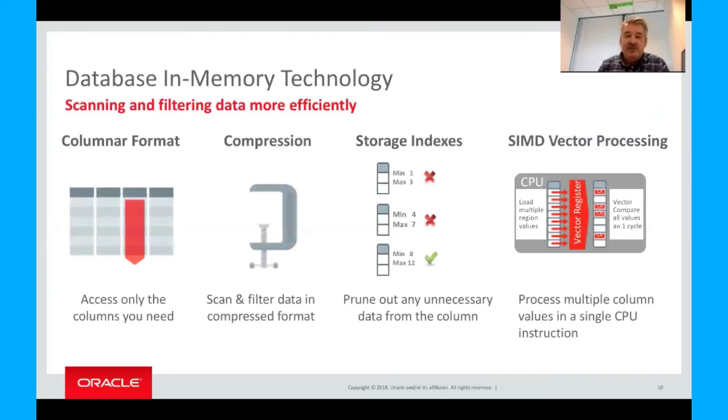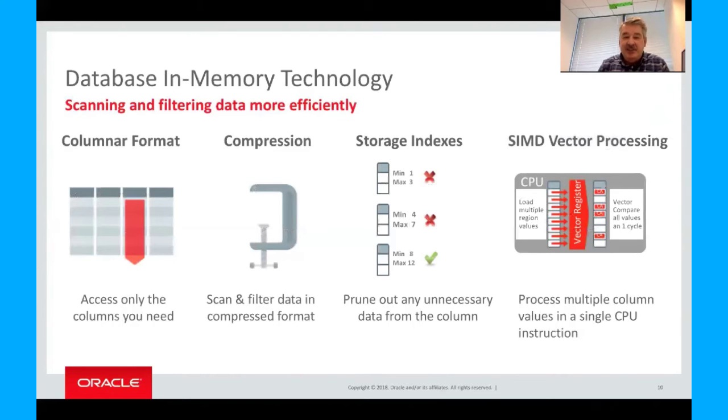Most columns will get anywhere from a 2x to a 20x compression rate, or at least the object will. The columns will get varying levels of compression. In-memory storage indexes: we're able to skip over data or prune out data that we don't need to access within something we call IMCUs, or in-memory compression units. And then we reviewed SIMD vector processing, the ability to access multiple values in essentially one instruction cycle.